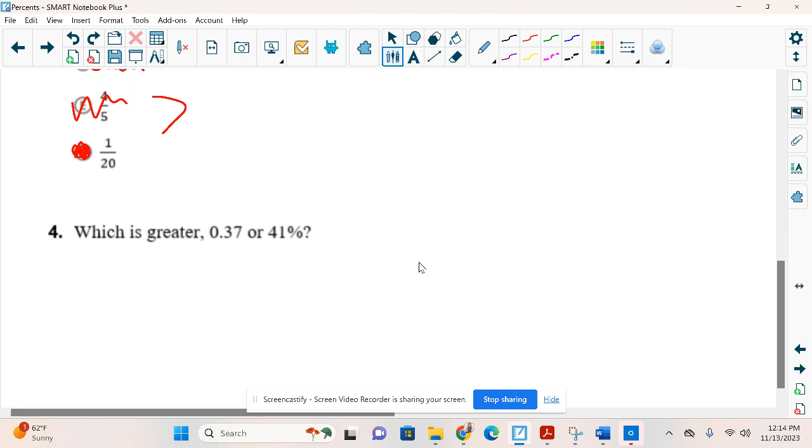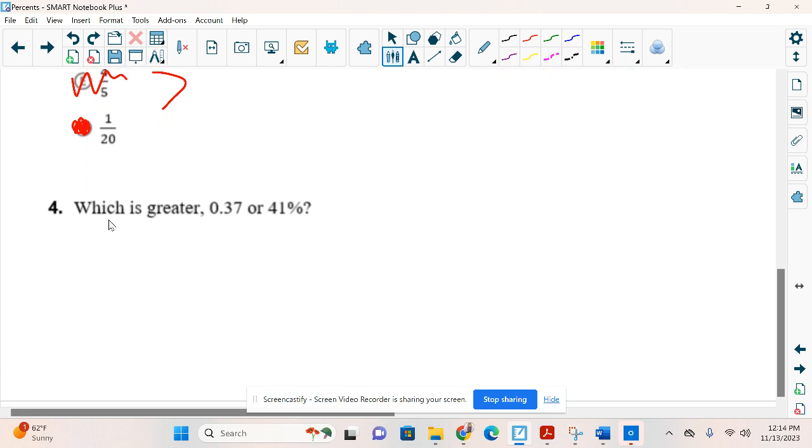All right, here's another example. All right, which is greater? So what do you want to change them to? To percent. So put it in your calculator. This is your time to try it. 37 out of 100 as a percent. Oh, it's 37%. What did you get, Jerry?